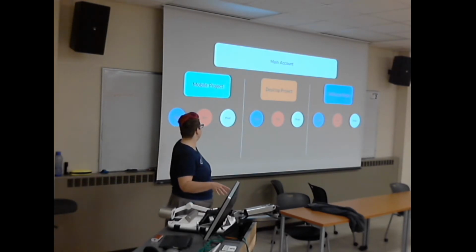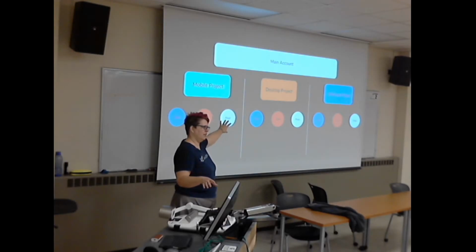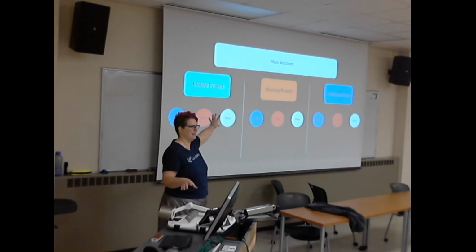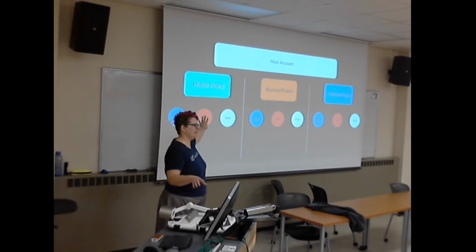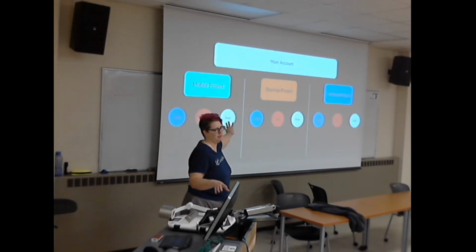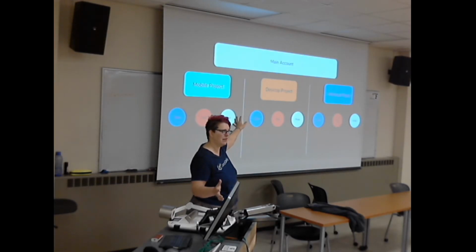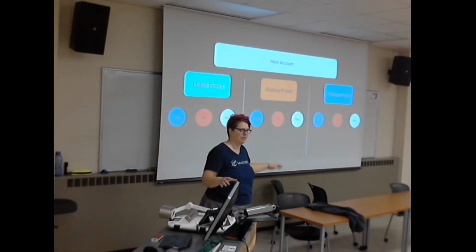So they might have dev, test, and prod in each of them, but these could actually be the same code base. They might not. It might be that there's so much divergence between desktop and mobile that it doesn't make sense to keep them in the same place, but there's a lot of overlap sometimes.